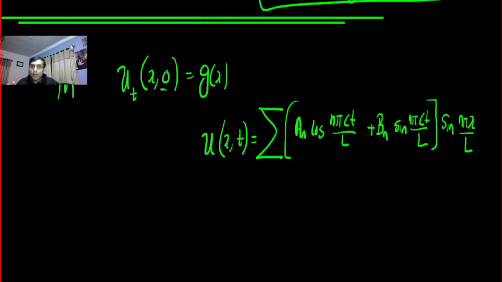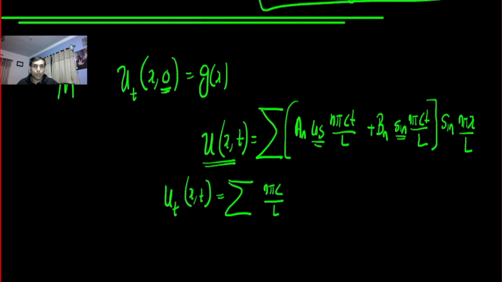Anyway, I want to plug in t equal to 0, but the problem is this is not the function. So in such problems, you differentiate this solution with respect to t. And the derivative of cos is minus sine and the derivative of sine is cos. So eventually I will get n pi c by L. This comes common.